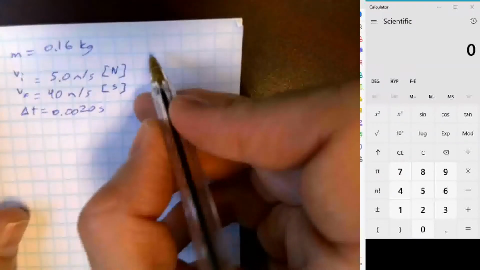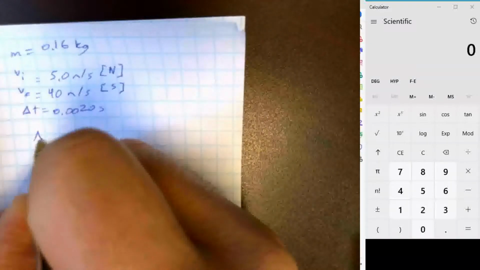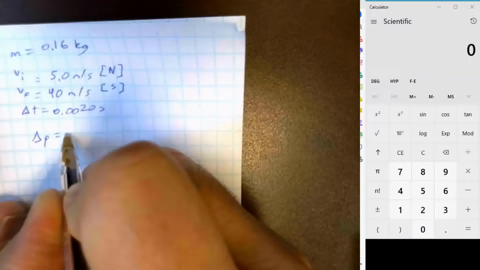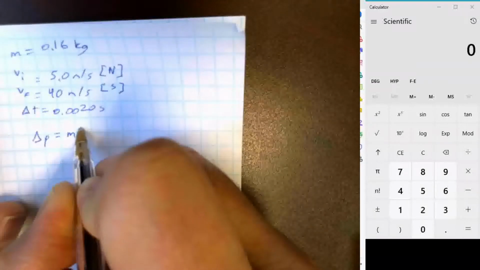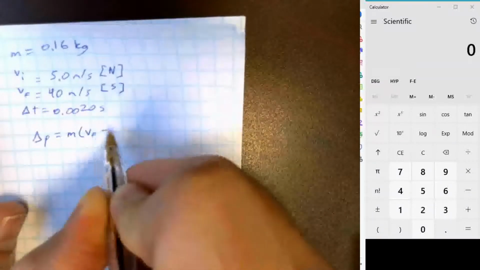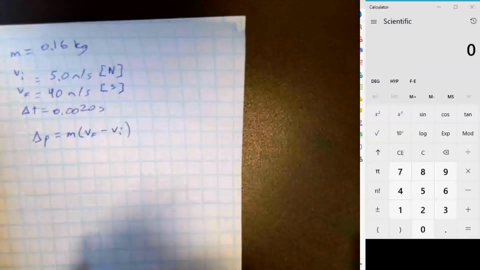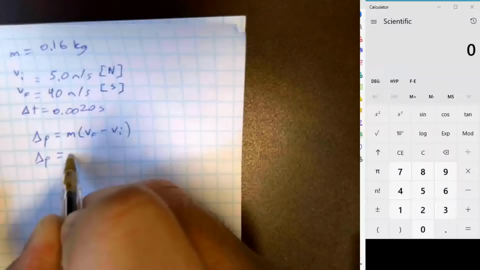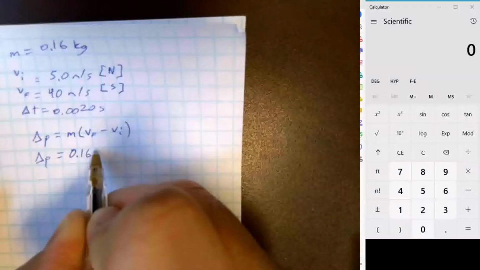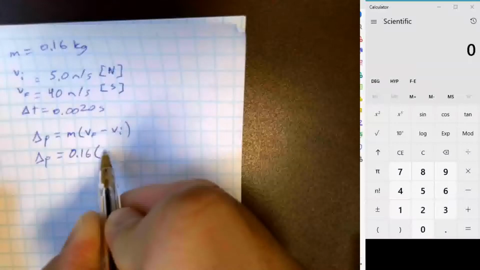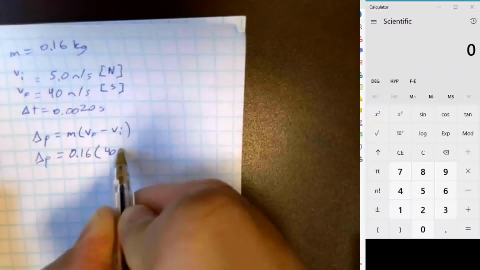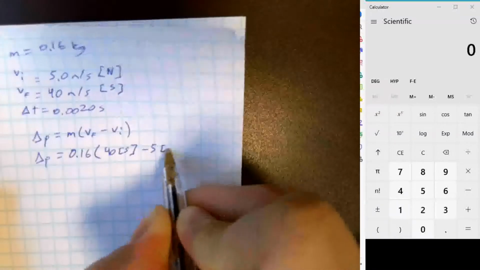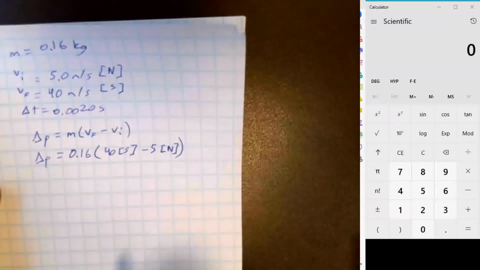So our delta p, our impulse, is equal to m times Vf minus Vi, which is equal to 0.16 times Vf, which is 40 in the south direction, minus Vi, which is 5 in the north direction.